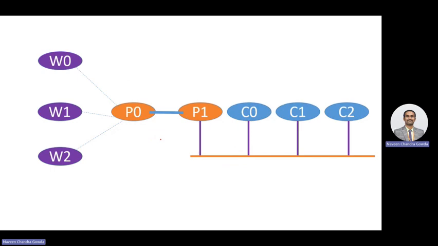So this is the reference topology we are using in this simulation. We'll keep two nodes as point-to-point nodes, connected by a point-to-point link, and a few more nodes as CSMA nodes, creating the bus topology, and a couple of nodes as wireless nodes which are connected in a wireless fashion.